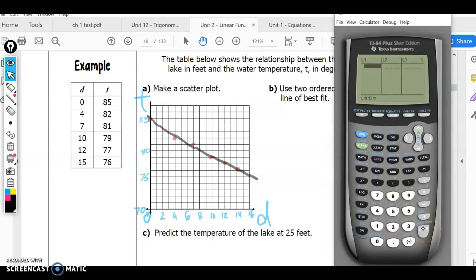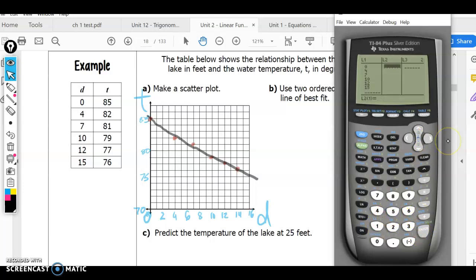I have a table. L1 is where the D values will go. So we got 0, enter, 4, enter, 7, enter, 10, enter, 12, enter, 15, enter.